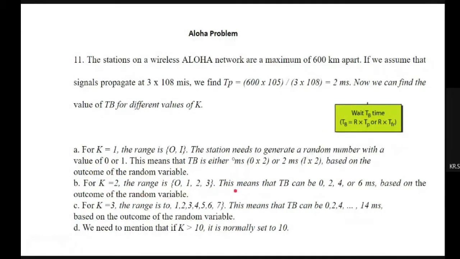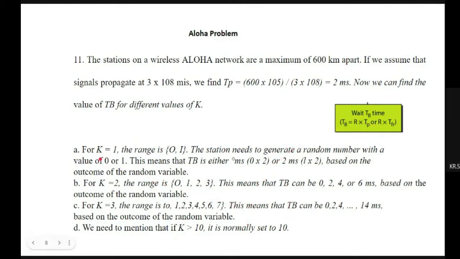The waiting time values are 0, 2, 4, 6, whatever it is. So we need to maintain K values 1, 2, 3 and so on, and if K is greater than 10, we normally set K to 10. Then we can find the final waiting time.